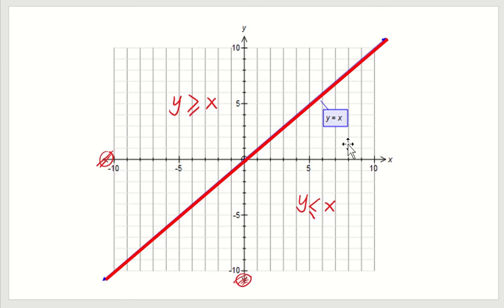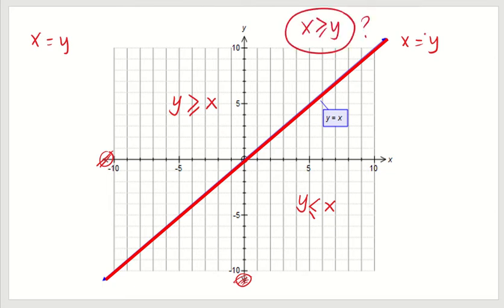I would like to ask you a question. If the question gives you x equal to y, let's say this is the equation x equal to y. Can I say that this region is bigger, right? Teacher said this is bigger, so I just put x, y bigger. Can do this or not? This is correct or wrong? Yes, wrong. Why? Because you remember y must be put at the left hand side. Y cannot be at the right hand side.